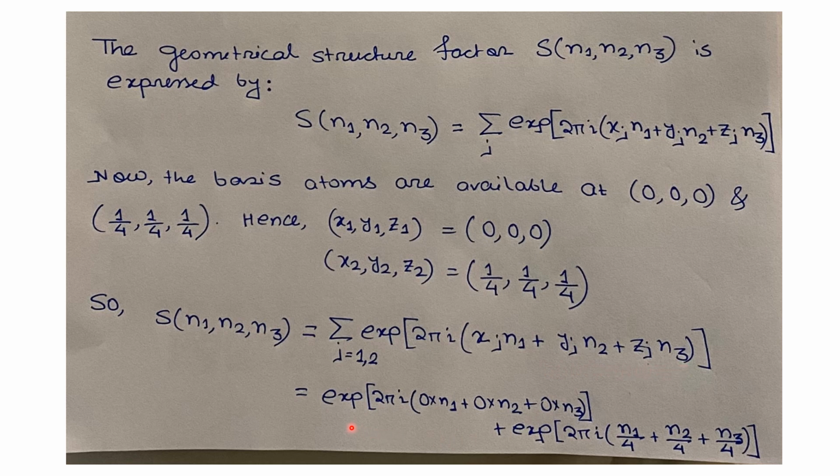So we will have exponential of 2 pi iota times 0 into n1 plus 0 into n2 plus 0 into n3, because for the first basis the coordinate is 0, 0, 0, and for the second basis we will have exponential of 2 pi iota times 1 by 4 times n1 plus 1 by 4 times n2 plus 1 by 4 times n3.